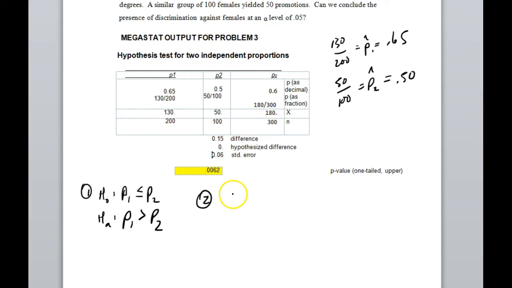Okay, so step 2 is what is our significance level? Alpha 0.05. Step 3 is what test are we using? So we're testing, say, test the difference in proportions.